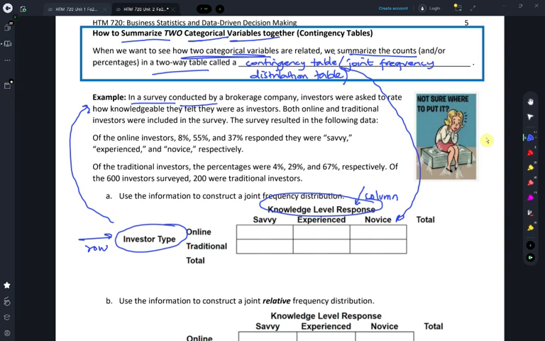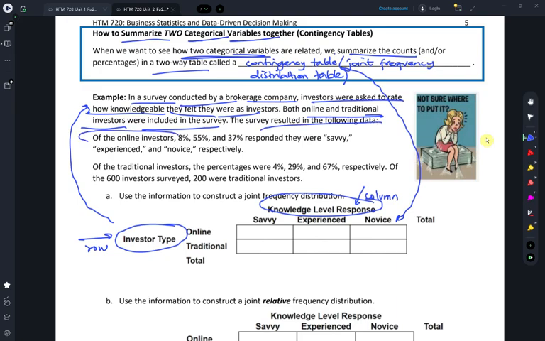In a survey conducted by a brokerage company, investors were asked to rate how knowledgeable they felt they were as investors. Both online and traditional investors were included in the survey. The survey resulted in the following data.